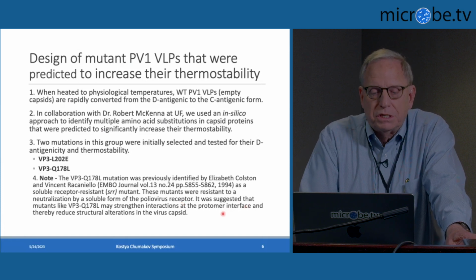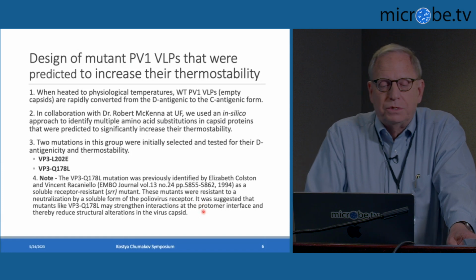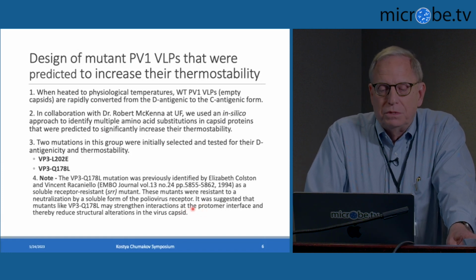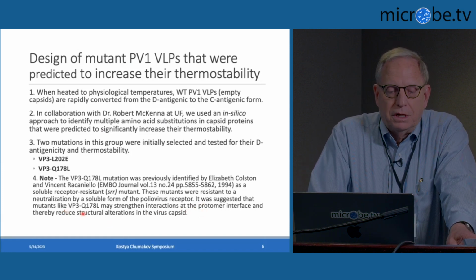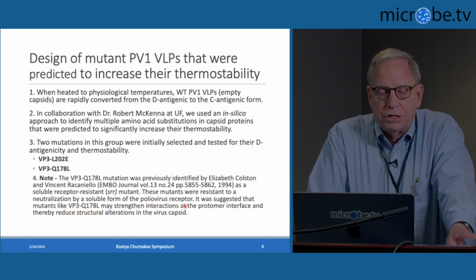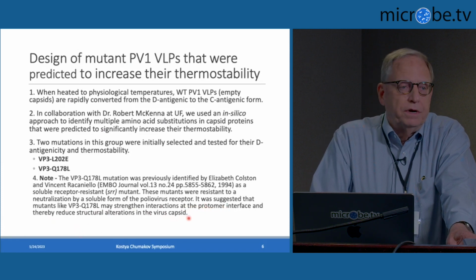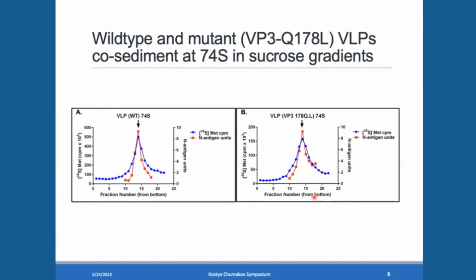So in the discussion of that paper, which I reread with interest, it was suggested that mutants like VP3 Q178L may actually strengthen interactions at the protomer interface and thereby reduce structural alterations in the virus capsid. And we used our vector and constructed that 1 point mutation into our protein expression vector.